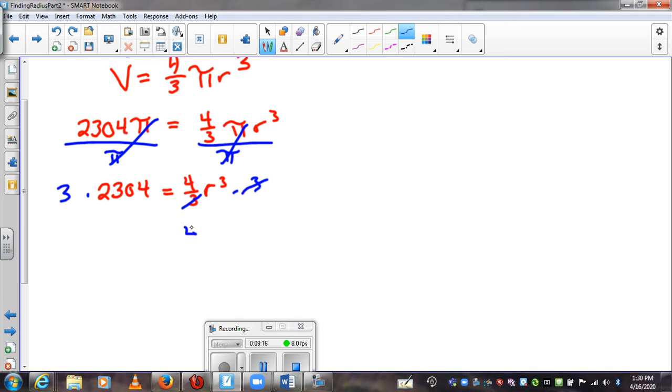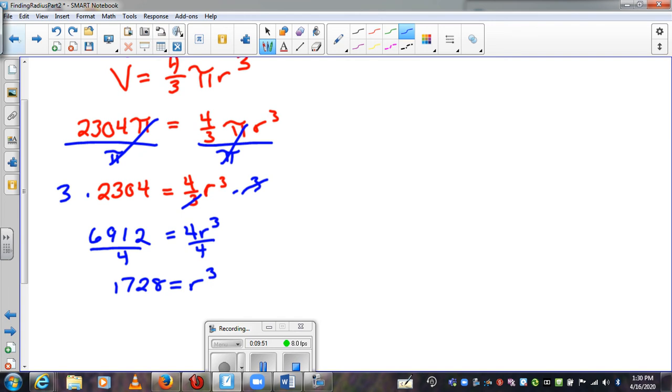And now you're going to have 4r cubed is equal to, so now I just have to multiply 2,304 times 3, and I'm doing that on the side right now, so that's 6,912 is equal to 4r cubed. And now I can divide both sides by 4. This is just another way to get rid of the fraction if you want. So I get 1,728 is now equal to r to the third power.